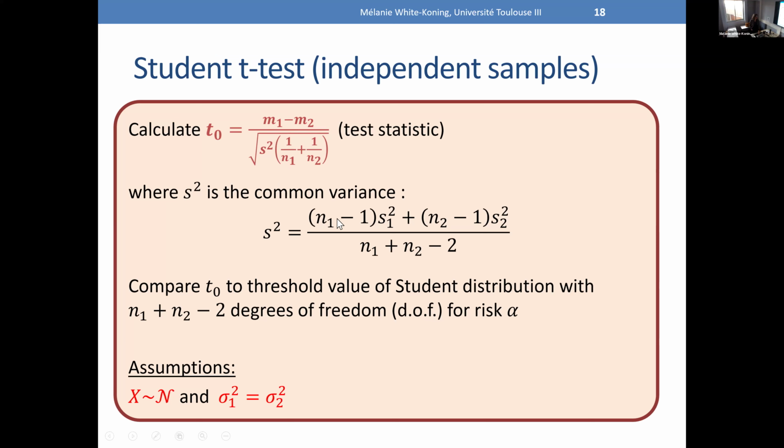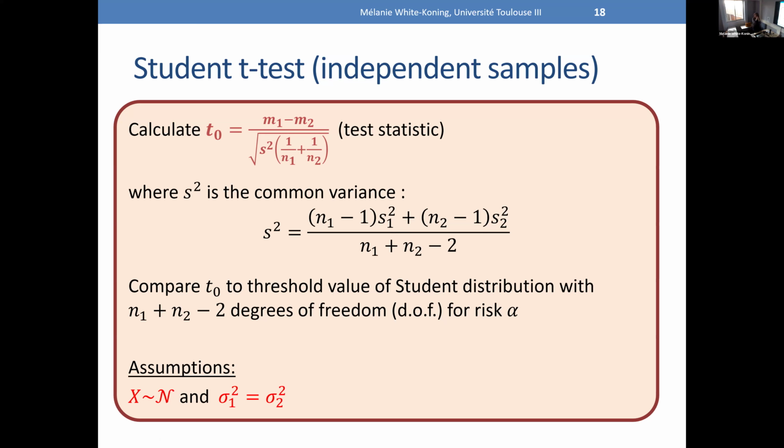It's a linear combination of the sample variances. And here we have n1 plus n2 minus 2 degrees of freedom for the Student distribution. So you see it's not always the same degrees of freedom, but every time you have a test, the general formula will always give those degrees of freedom for that test.